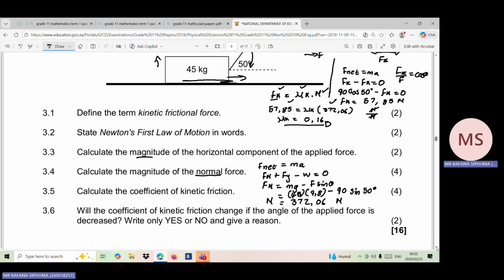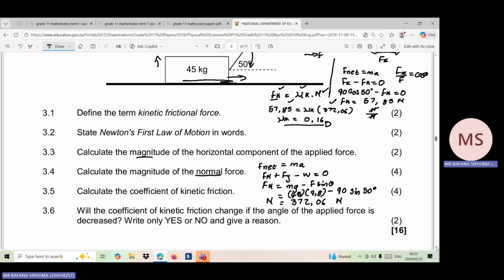And then we're moving on. This is an explanation based question. Will the coefficient of kinetic friction change if the angle of the applied force decreases? Write yes or no and give a reason. Someone will be saying decrease, increase, whatsoever.